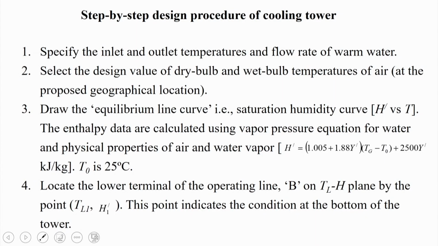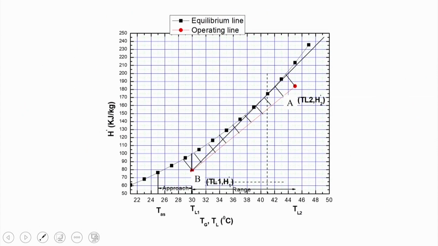Now we need to locate the lower terminal of the operating line B on the TL-H prime plane by the point TL1 and H1 prime. This is the lower point of the operating line. We know this TL1, and we know how much enthalpy is there, H1 prime.